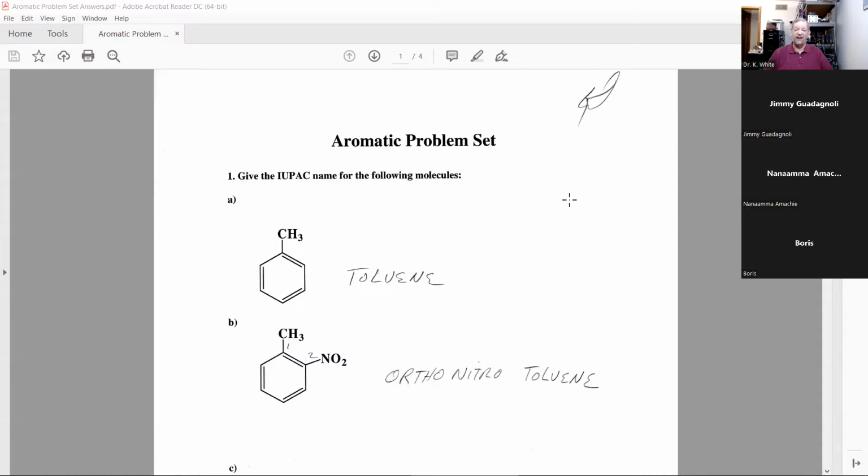Now, as I said, one of the major areas on test one is nomenclature. And one type of nomenclature question is, give the IUPAC name for the following molecules, 3 points each. By the way, after you take test number one, you'll understand why I call these practice problems.